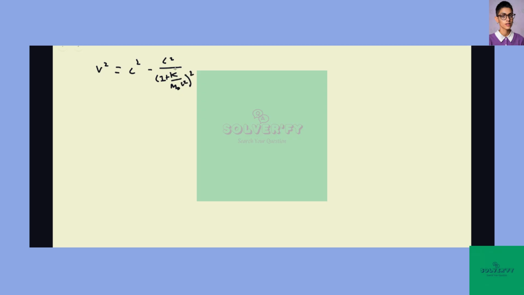I'm going to pull the c squared out. We get v squared is equal to c squared times 1 minus 1 plus K over m0c squared to the minus 2.